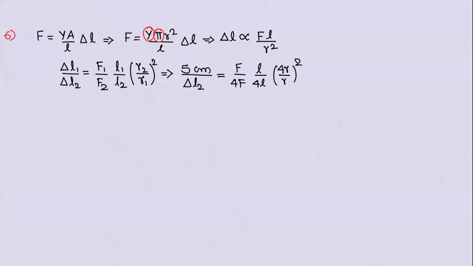F and F get cancelled, L cancels, R cancels. This is 4 into 4, 16, and this is 4 square, 16. The ratio is 1. So the final conclusion: delta L2 is equal to 5 centimeters. So elongation will be the same. Centimeter is already given, so the answer is 5, numerical. Answer is 5.